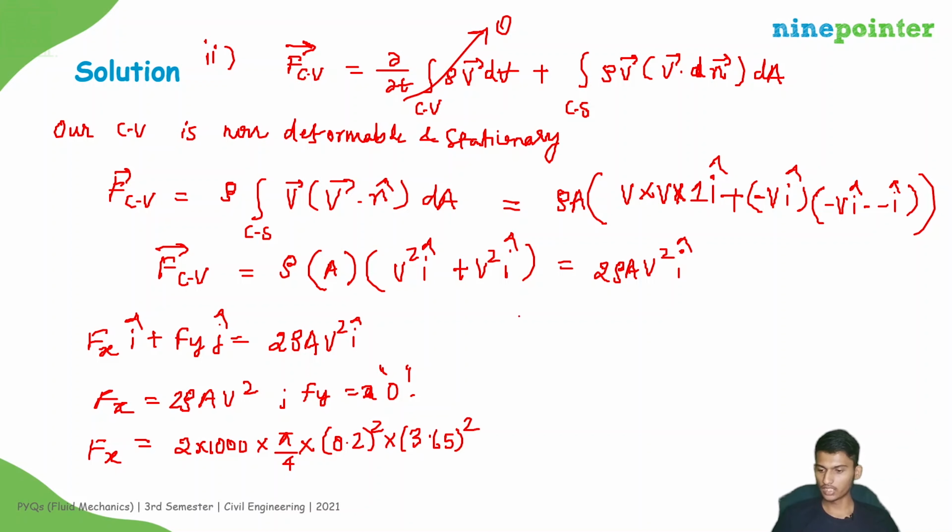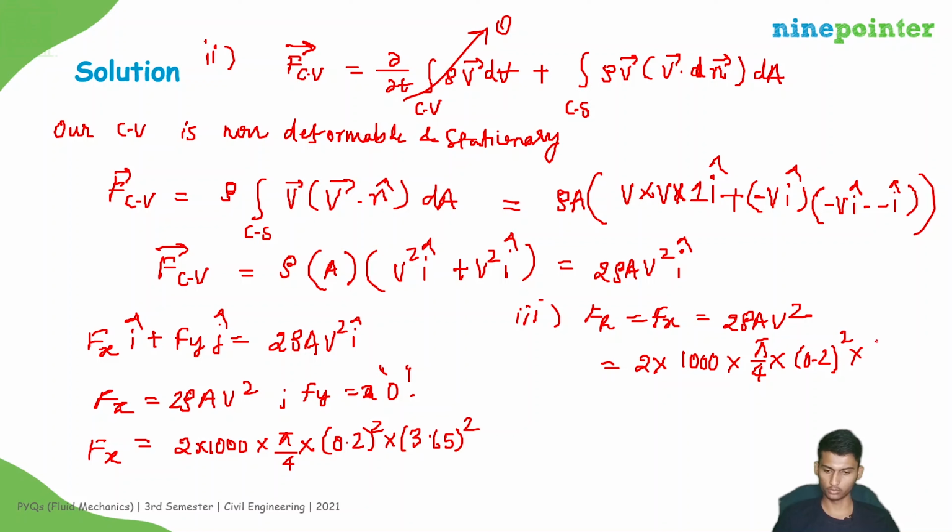For the third part, they asked for the resultant force. Here the resultant force is also Fx because Fy is 0. So Fr will be equal to Fx. So that also will be equal to 2 rho A V square. Right? So that will be equal to 2 into 1000 into area pi by 4 into d square, 0.2 square, into 3.65 whole square newtons. Right?